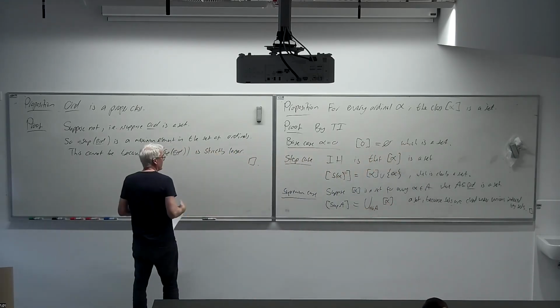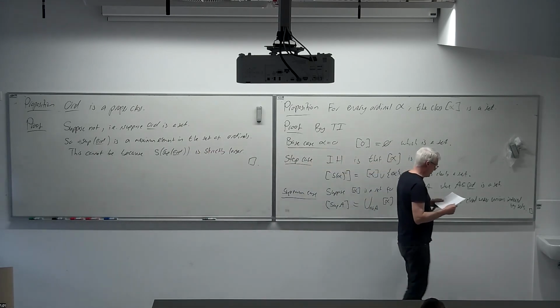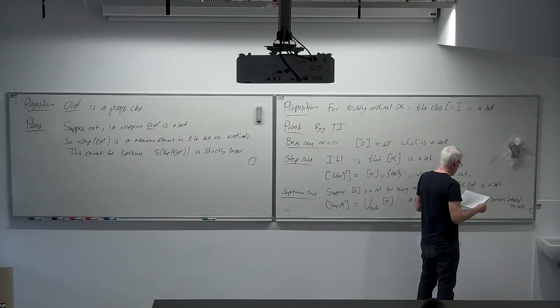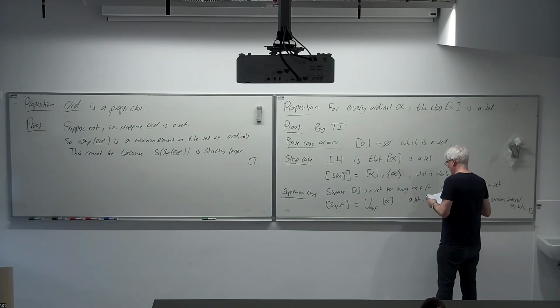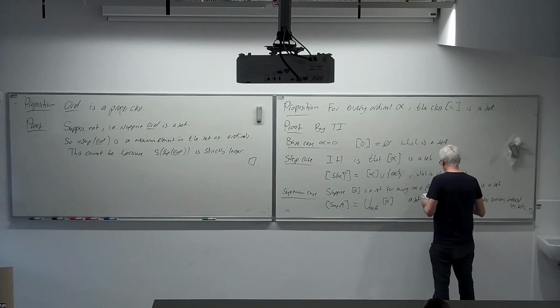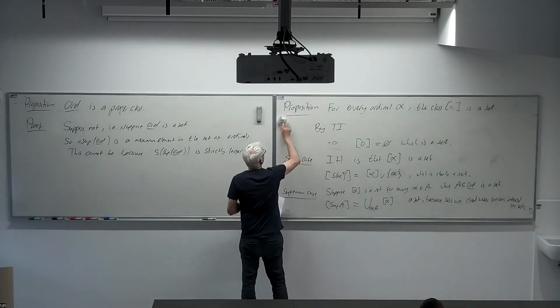So what I want to work towards is introducing these operations on ordinals, the arithmetic operations on ordinals. But before doing that, let's look a little bit more closely at the structure of ordinals to understand them a bit better.